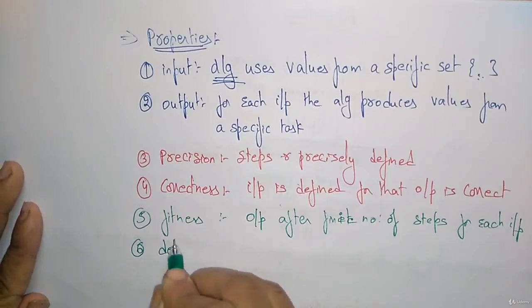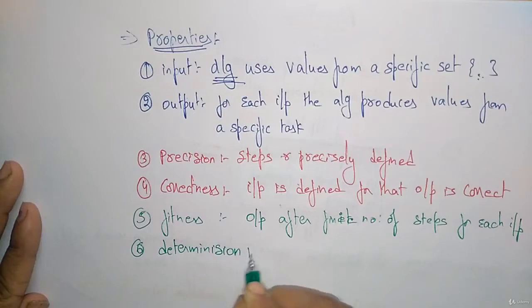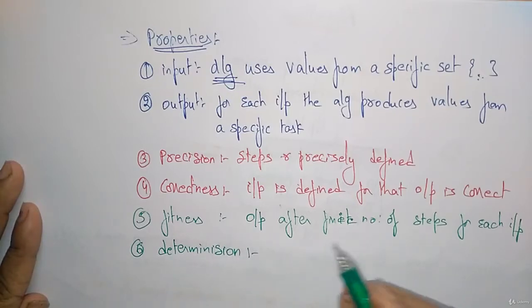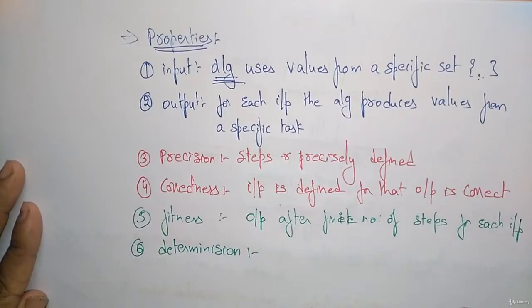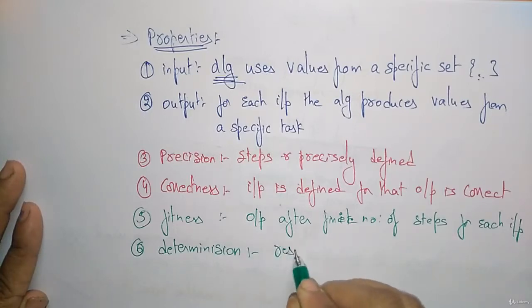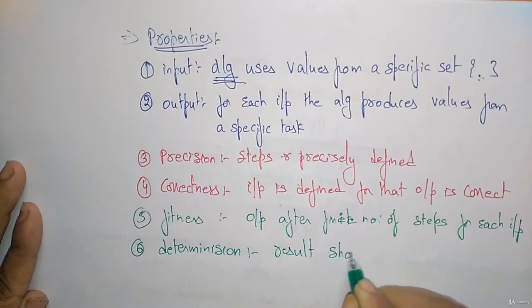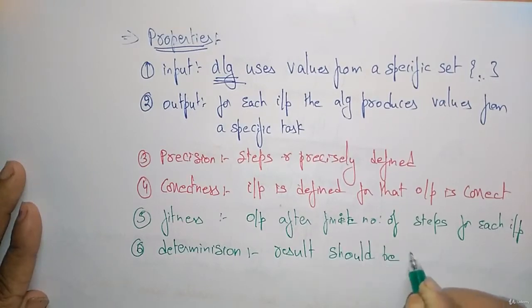Next is determinism, which means the result should be guaranteed. Whatever inputs you give, you will get the output list. So the result should be guaranteed.